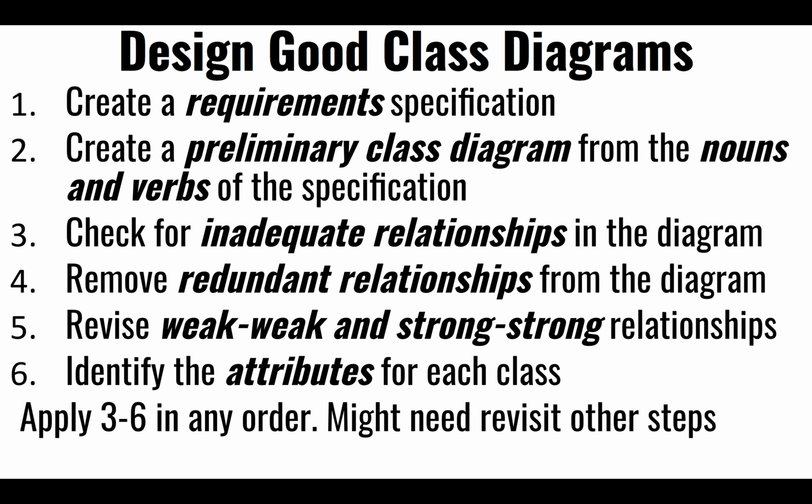Typically, it'll be a naive class diagram at first, and it'll evolve over time. We'll be looking for some of the weaknesses in the class diagrams. There will be inadequate relationships, or redundant relationships, right? So there will be relationships that we capture that are not reflected in the original text, or things in the text that are not reflected in the diagram, or vice versa.